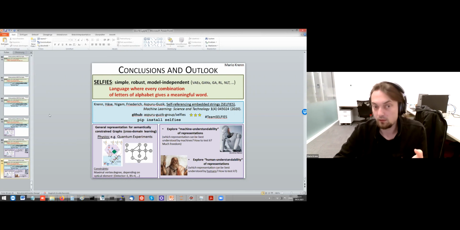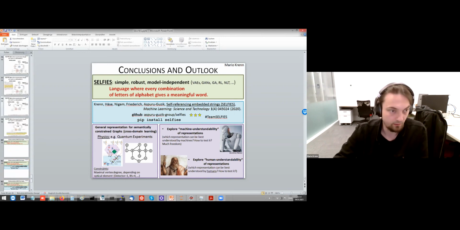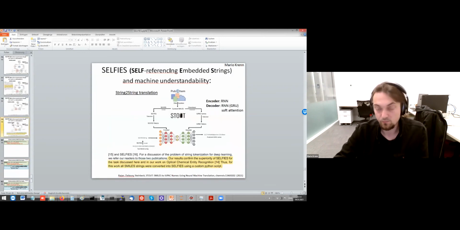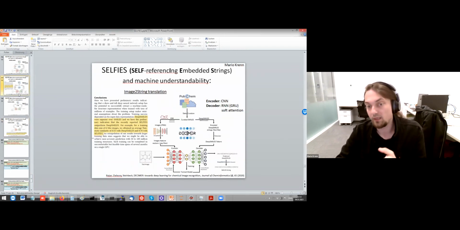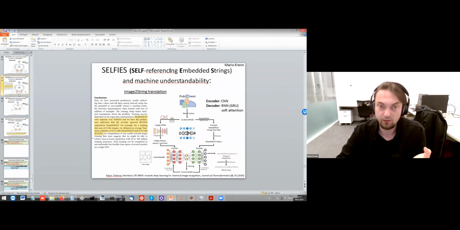So here, robustness doesn't come in directly in these translation tasks. Why does the machine find it easier with SELFIES to translate strings to strings or images to strings compared to SMILES? So this is a different application. I had no idea that would be possible. But it's an application of SELFIES that exploits the structure of SELFIES in a kind of indirect way.